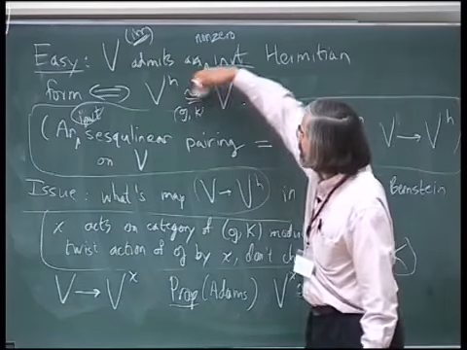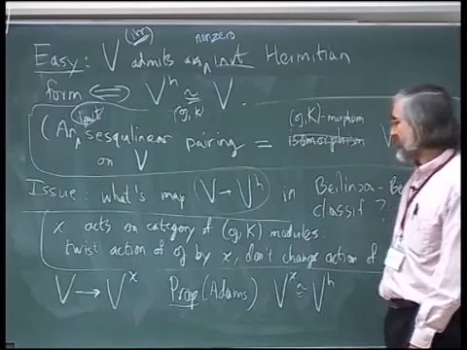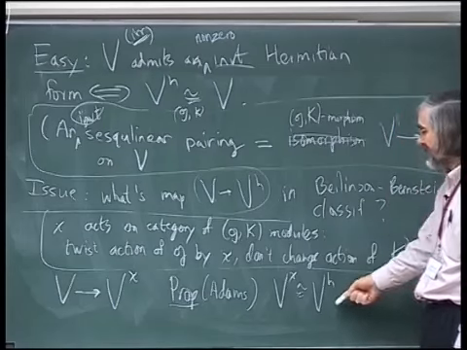That this Hermitian dual operation is just twisting GK modules by X.